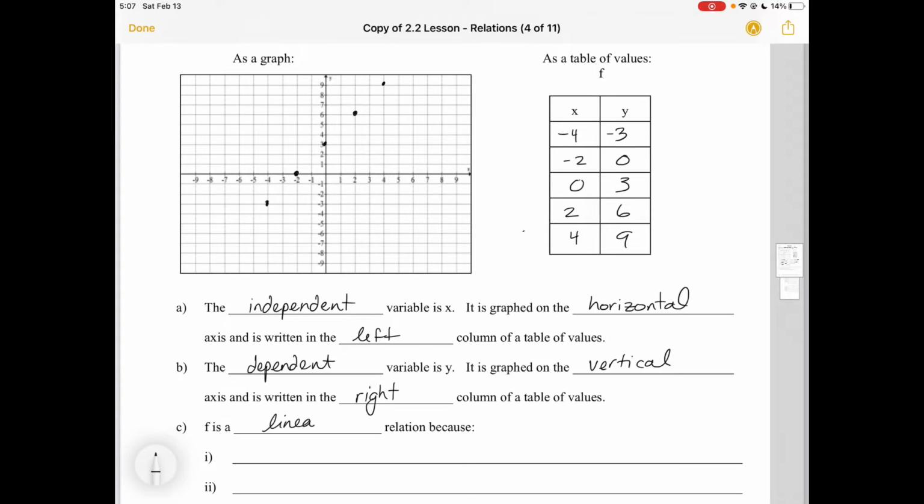F is a linear relation because the graph looks like a line, and because the difference is constant in the table of values.